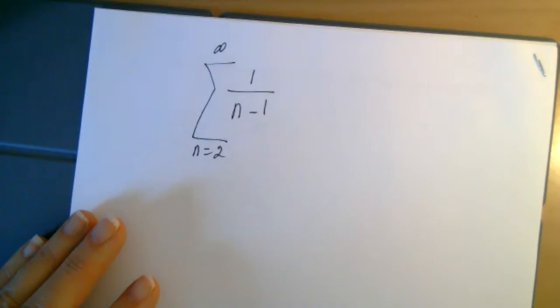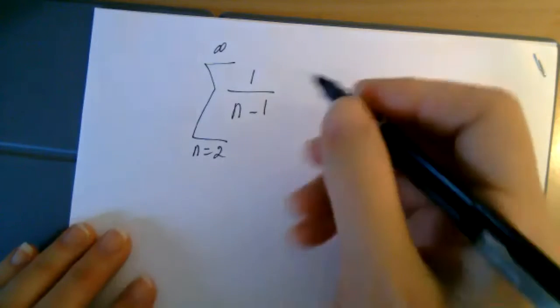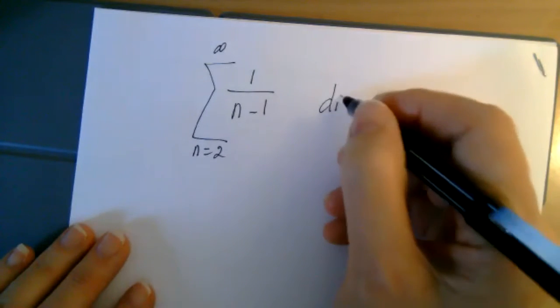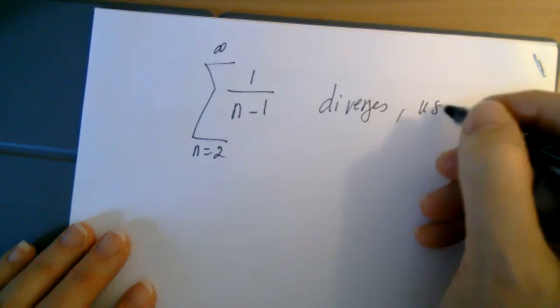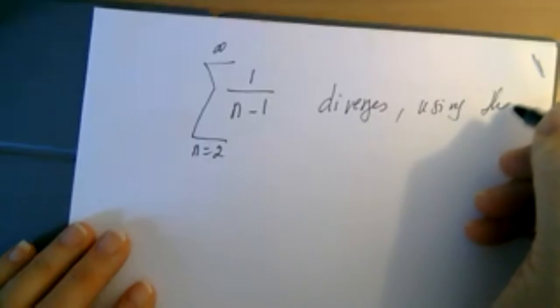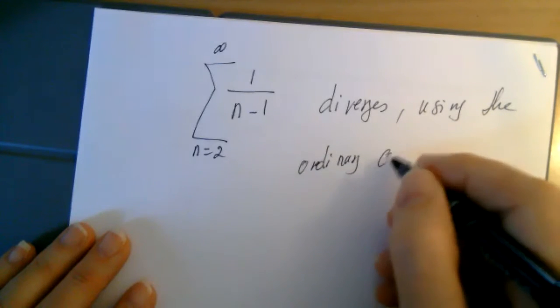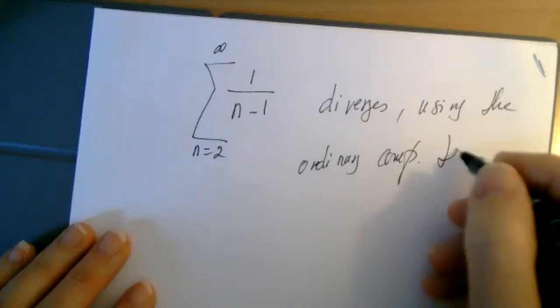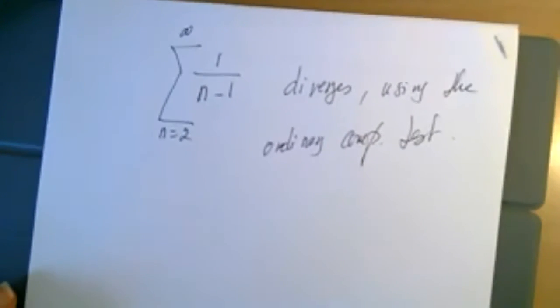Today, I want you to do it in another way, just to emphasize a point. I want you to show that this one diverges using the ordinary comparison test. Okay, I want you to show it diverges using the ordinary comparison test.